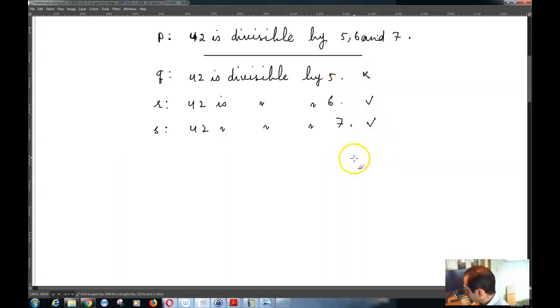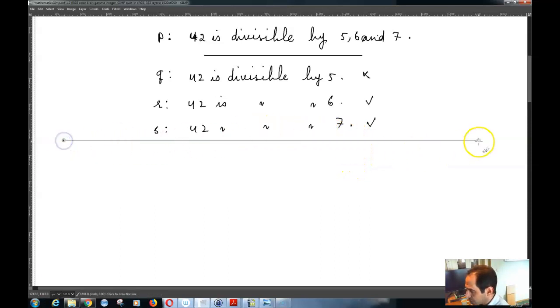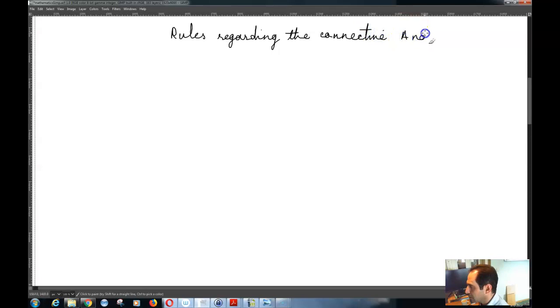So now here are the rules that we have regarding the connective AND. Rule number 1: the compound statement with AND is true if all of its component statements are true.